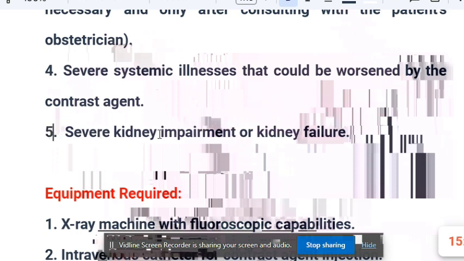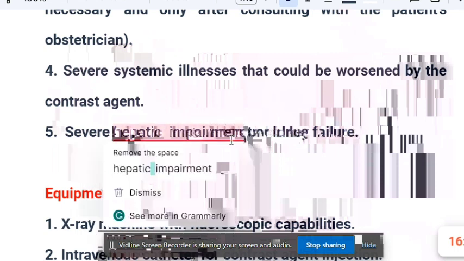We have to write severe hepatic disease. Okay, and how will we get information? By liver function test. Okay, so LFT is very necessary.